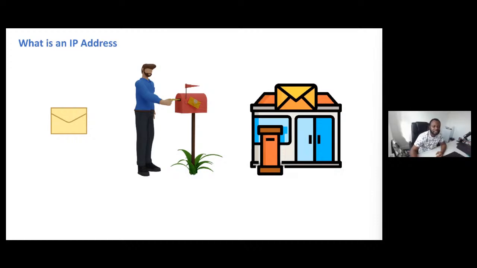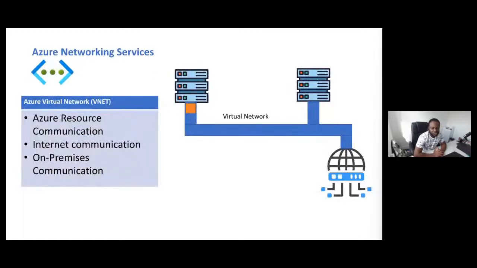So now let's look at networking services on Azure. One of the networking services Azure provides is the Azure Virtual Network, VNet for short. This allows many types of Azure resources, such as virtual machines or VMs, to communicate with each other, the internet, and your on-prem network.